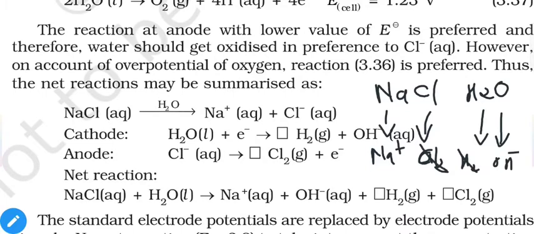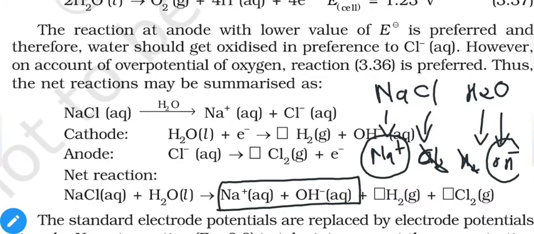So Cl2 and H2 will be produced on the anode and cathode, and what is left inside the solution is Na+ and OH-. That means a NaOH solution will be obtained, and you can collect solid NaOH from that solution by just drying it. Just let the water evaporate and you will get solid sodium hydroxide. So by electrolysis of NaCl you will get H2 produced at the cathode, Cl2 produced at the anode, and the solution will be NaOH solution. You can collect sodium hydroxide from the solution.